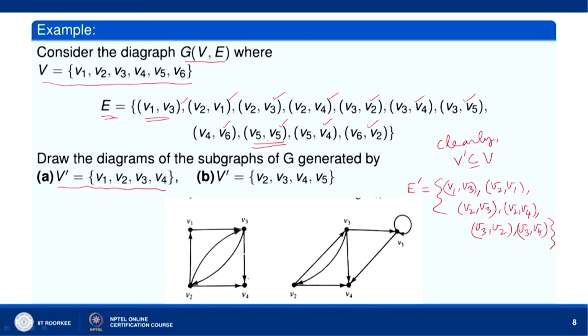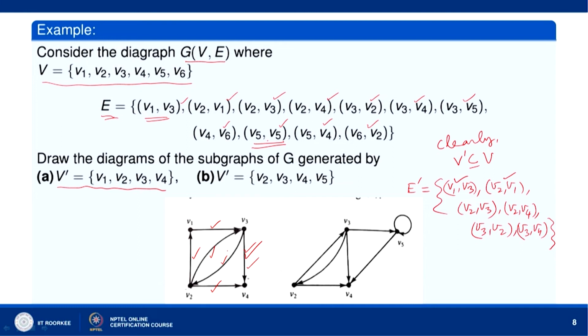Look at this figure, it satisfies all this. The edges here are nothing but the edges of E dash. So, you can see B1B3, this is B1B3, B2B1, so this is B2B1, then B2B3, so we have B2B3 here, then we have B2B4, this is B2B4, then we have B3B2, this one, and then we have B3B4, so this is B3B4, this one.